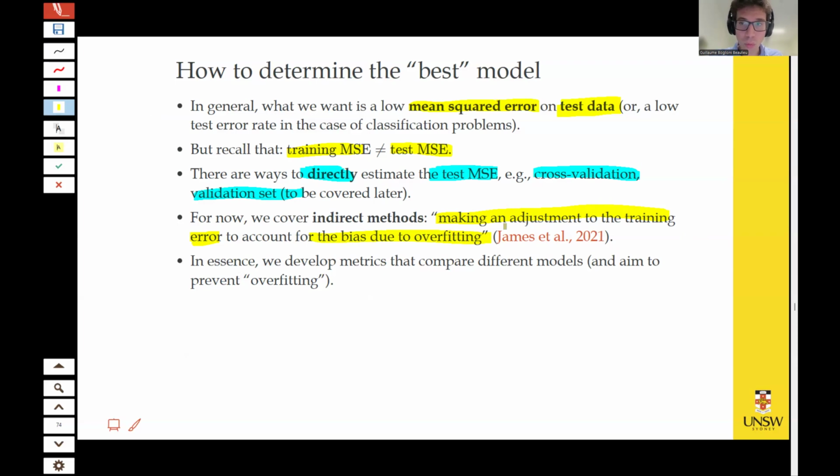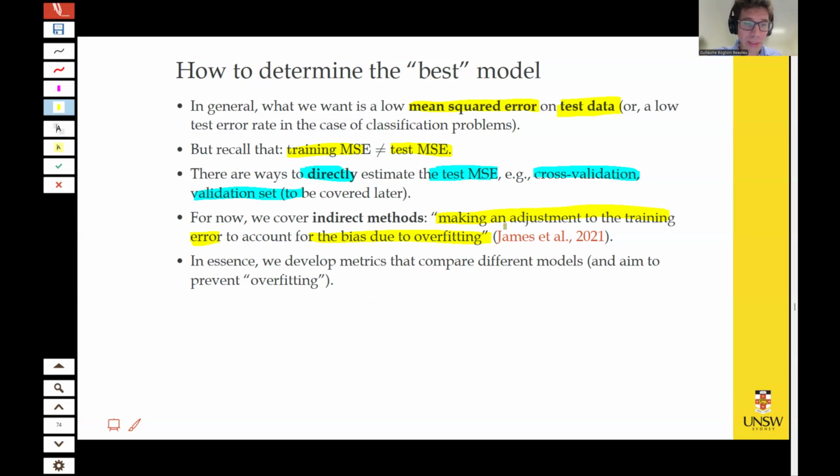So we know we have this potential of overfitting. For linear regression, overfitting is essentially putting too many variables in the model that don't really have explanatory power. But we're going to make an adjustment to the training error to correct, in a sense, this potential for overfitting.